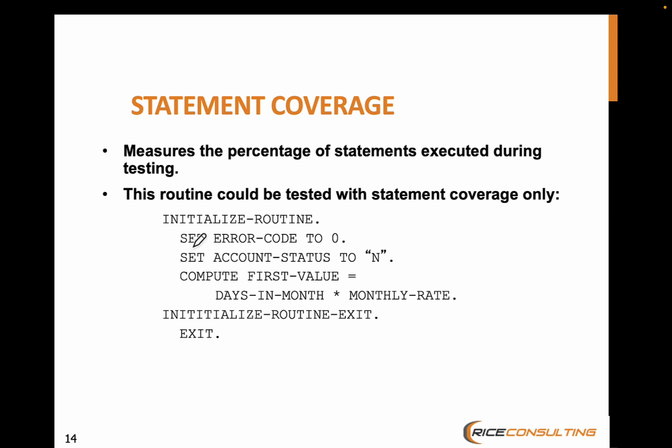So it's just things like setting the error code to 0, set account status to N, compute first value equals days in month times monthly rate. There's no ifs, no decisions, no do whiles, no loops or anything like that. It's just simply basic statements that do things, but there's no branching involved at all in this.